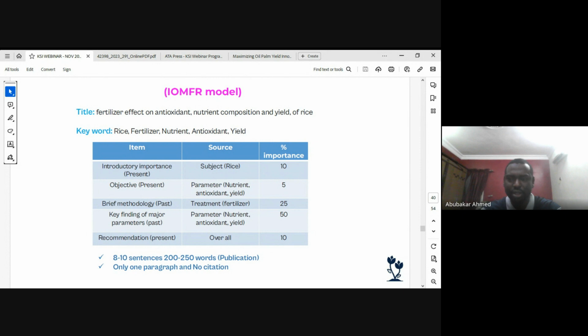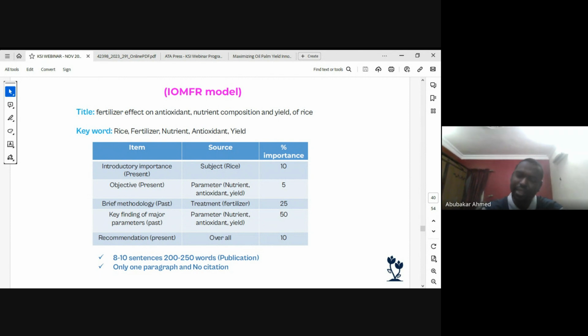I mean in Borno State or in Yobe State. But in both places, they are producing rice. So one will be able to look at major key importance since we're looking at the climatic variables, for example.